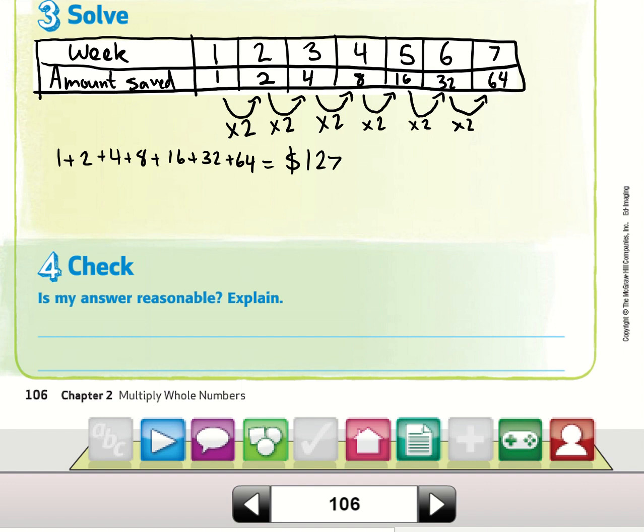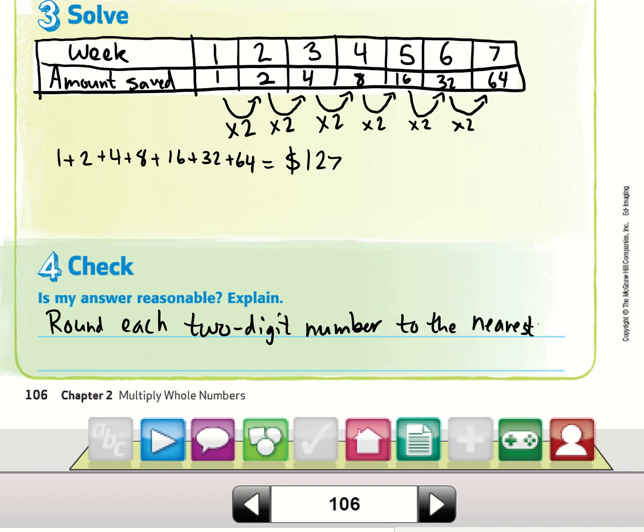So we can check our work. One method is we're going to round each 2-digit number to the nearest $10. So we have $1 plus $2 plus 4 plus 8.